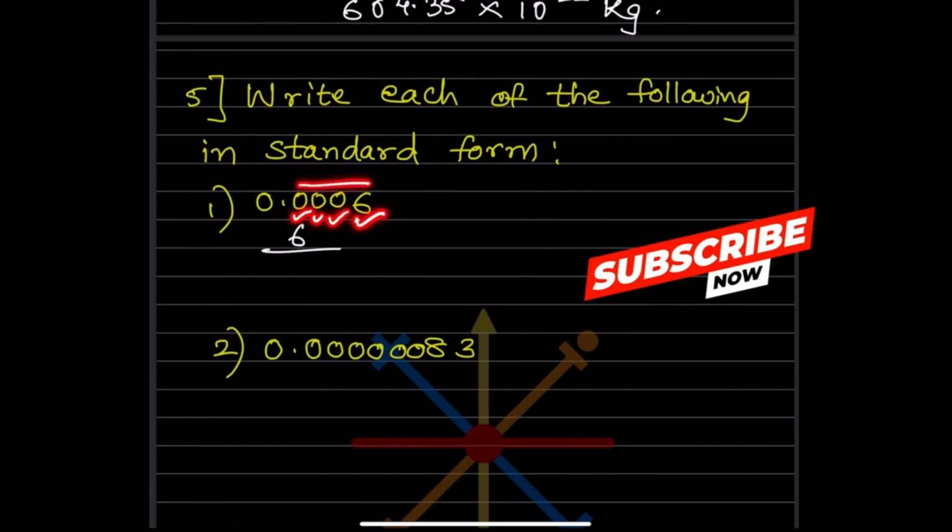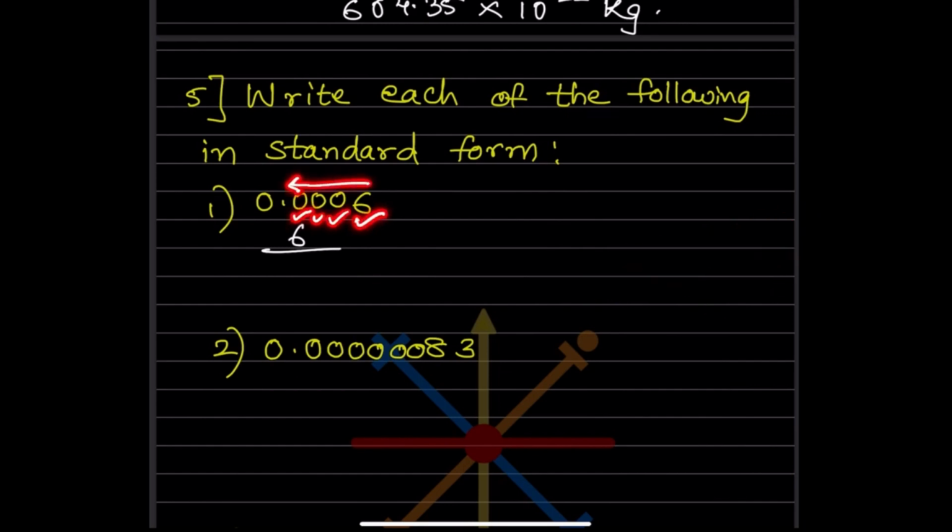After 4, if you go backwards, we have the decimal. So we can also divide this as 1, 2, 3, 4, and that can be written as 6 divided by 10 raised to 4. The same thing, when we take this 10 raised to 4 in the numerator, will be negative 4. So that should be 6 into 10 raised to minus 4.